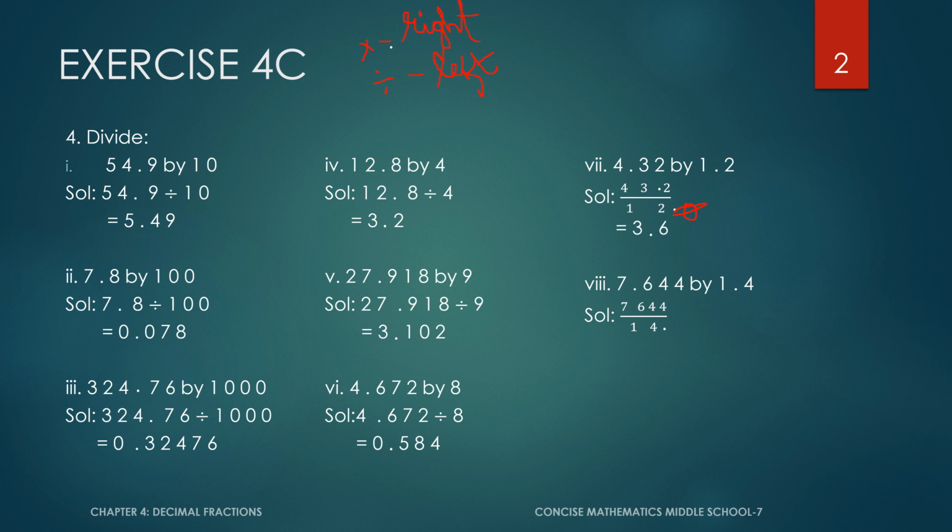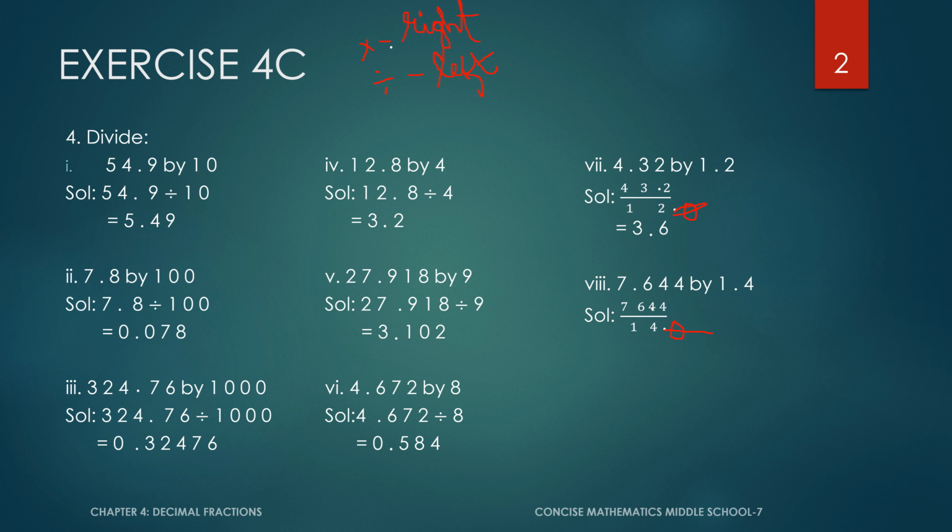Now our target is to remove this point. If you consider the numerator side, you have to move 3 points, but here you cannot move 3 points. This is the only way you can remove this point. See, now I have removed this point. Since I have moved 1 point towards the right, even on the top in the numerator, you have to move only 1 point. So it will come over here.